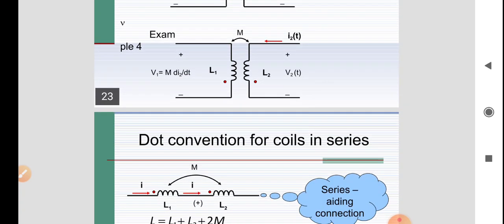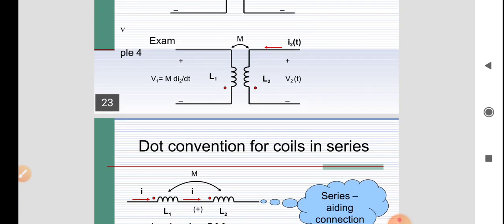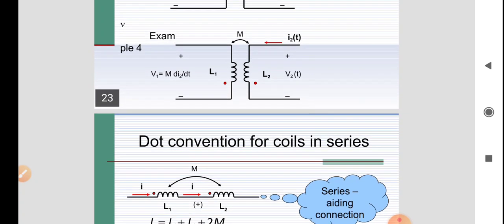Similarly, if we take the last example, in this example I2 current is flowing from coil to dot. Similarly, I1 current is also flowing from coil to dot. Whenever they don't specify the direction of current, always the current will flow from higher potential to lower potential. Higher potential is the positive terminal, lower potential is the negative.